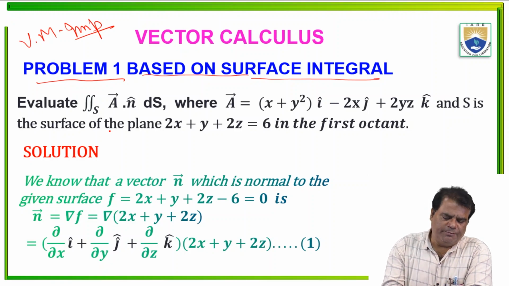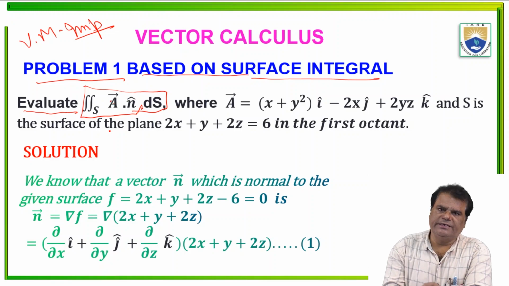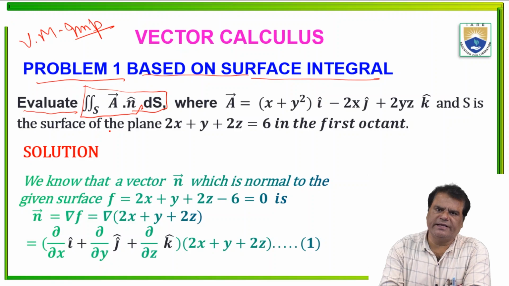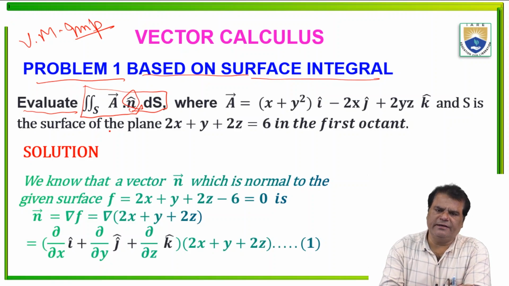So what is the problem? Evaluate the value of this integral. The integral given is a double integration over the surface, where a vector point function A is given in our question, and n is the unit normal vector.